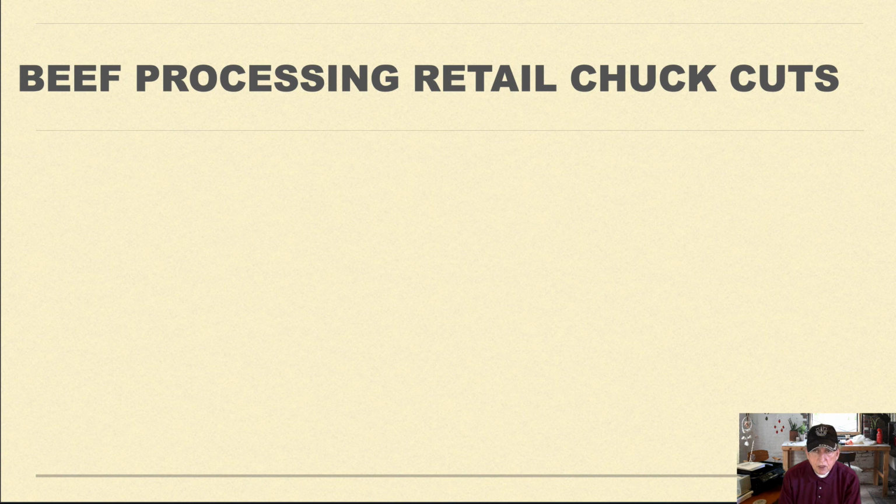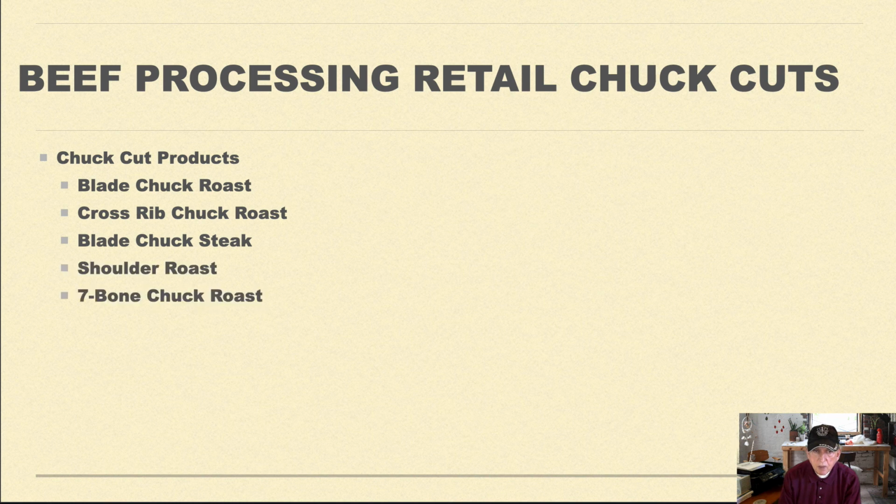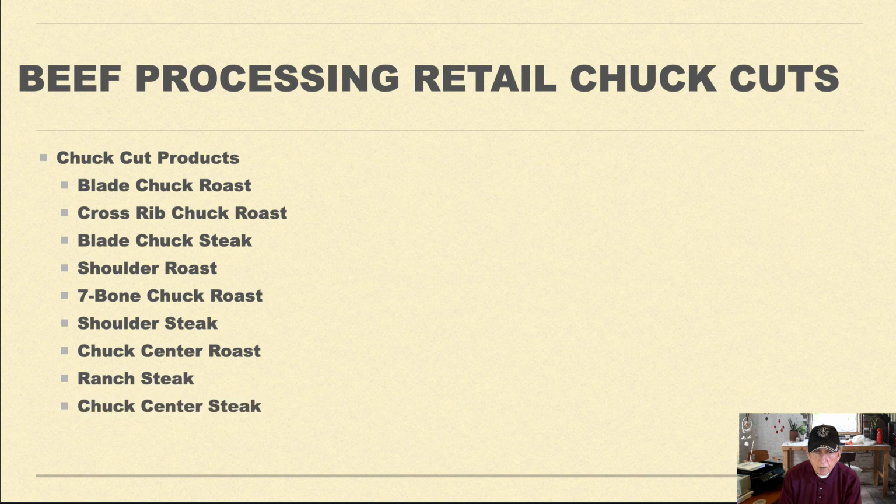Beef processing retail chuck cuts are chuck cut products of blade chuck roast, cross rib chuck roast, blade chuck steak, shoulder roast, 7-bone chuck roast, shoulder steak, chuck center roast, ranch steak, chuck center steak, to be continued.